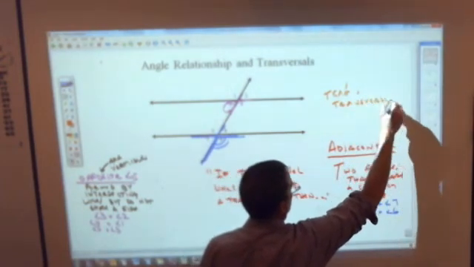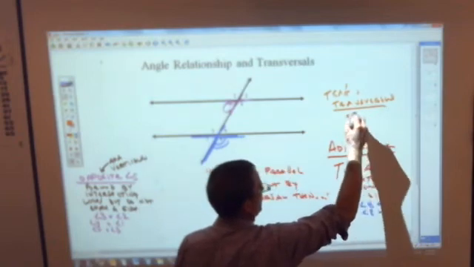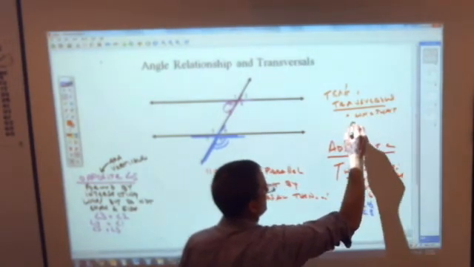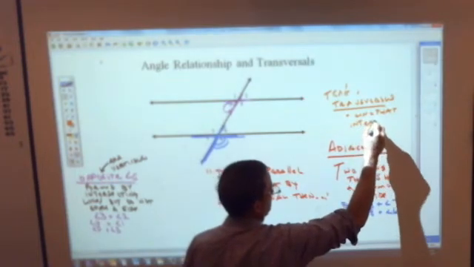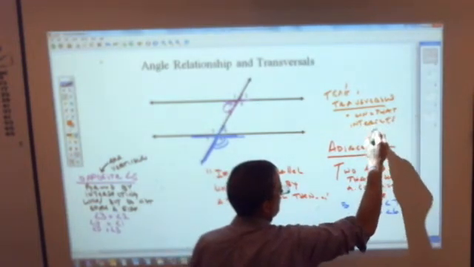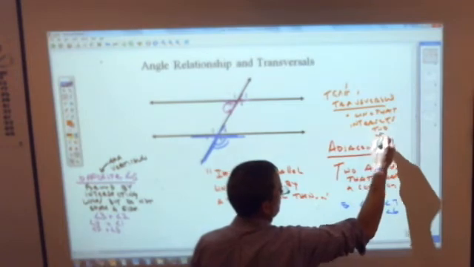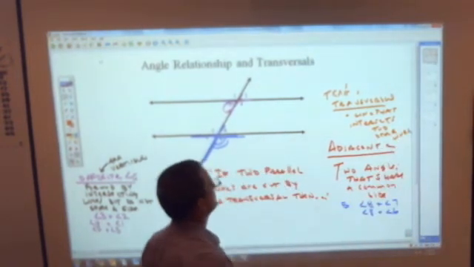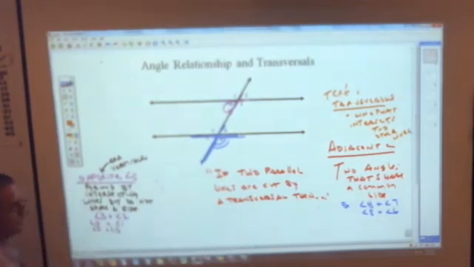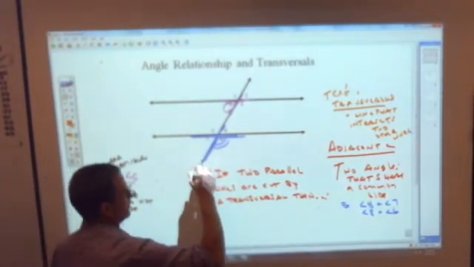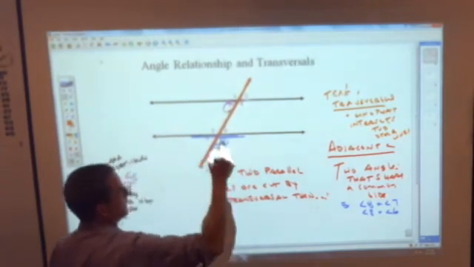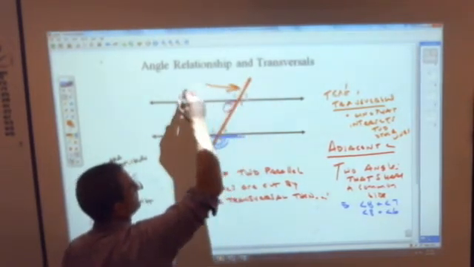A transversal is a line that intersects two other lines. And this, ladies and gentlemen, is my transversal.